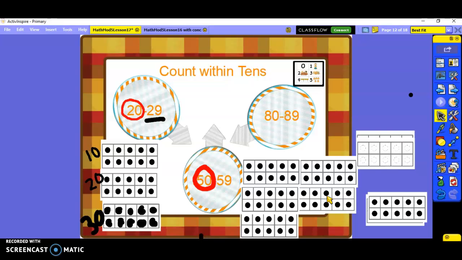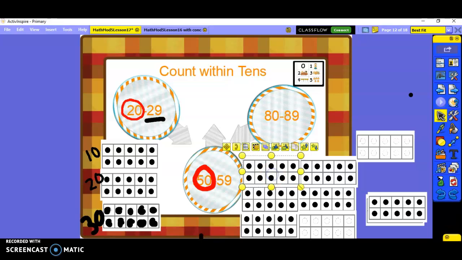And Miss Nakia is going to put a frame like this, a blank frame, so that we can add on as we count. So we have 10, 20, 30, 40, 50. Remember, we're counting from 50 by ones. You ready to count with me? Good, here we go. We're going to count the regular way, and we're going to count that number the say 10 way.